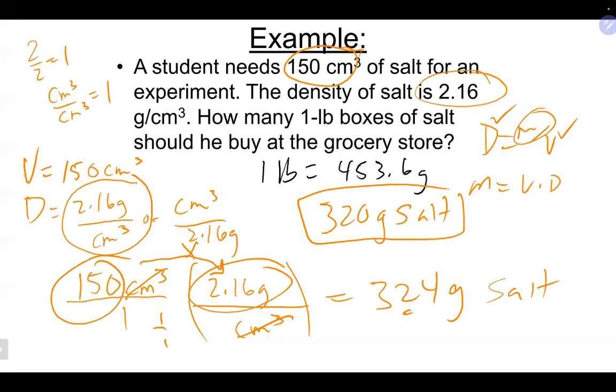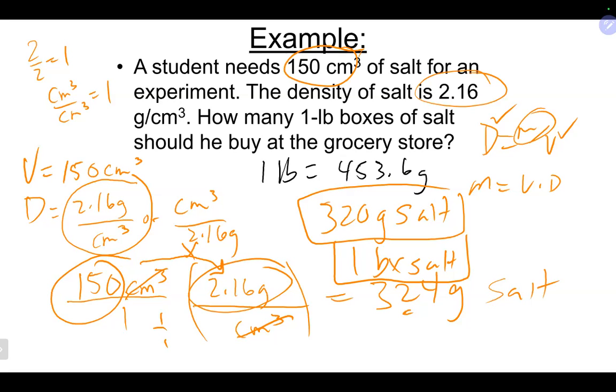We also want to make sure that we always answer the question, which means in this case we would actually just need 1 box of salt. You would have some left over to share. I don't know why you're bringing your own salt to school, but you would just need 1 box, since 1 box is 453.6 grams.